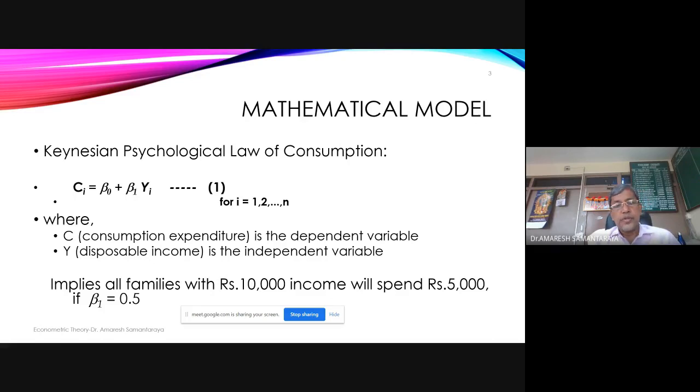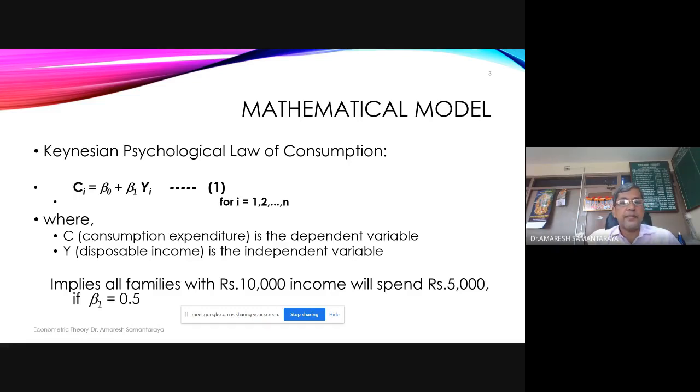So trying to portray the economic behavior of agents, like here the consumption behavior of households or individuals, in the form of a mathematical model looks oversimplified.